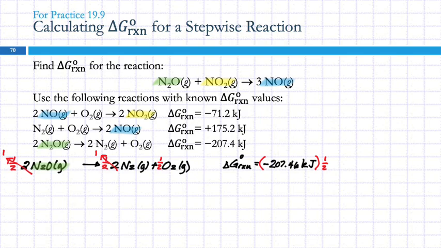So now I'm going to look for the yellow one. So here I've got the yellow one, but I want that to be a reactant, so I'm going to write this equation backwards. So I'm going to have 2 NO2 gas, and on the other side I'm going to have 2 NO plus O2.